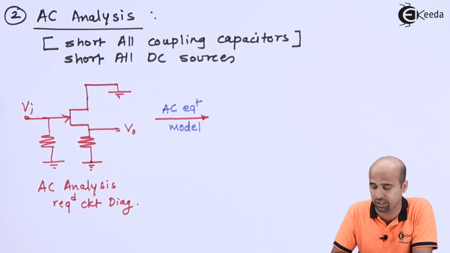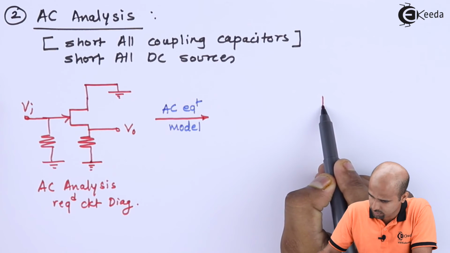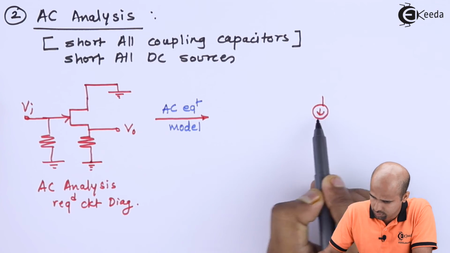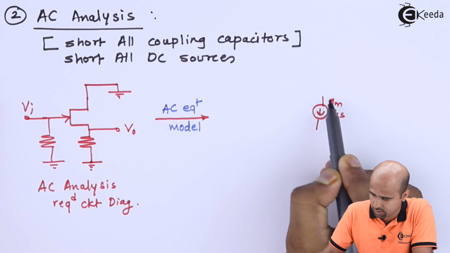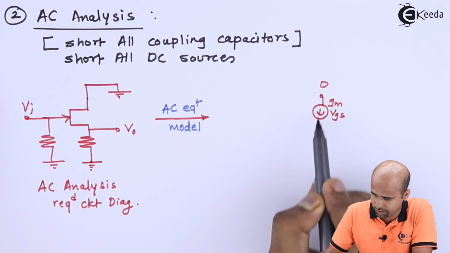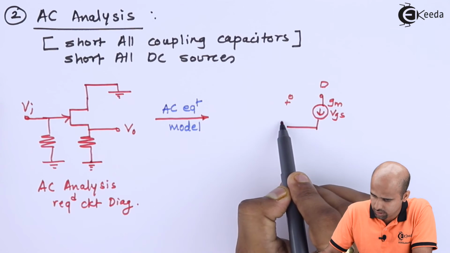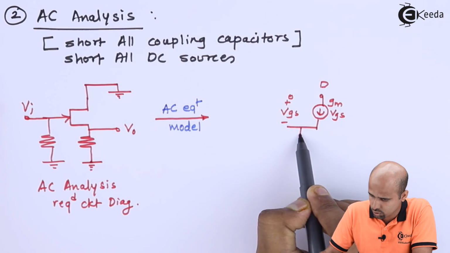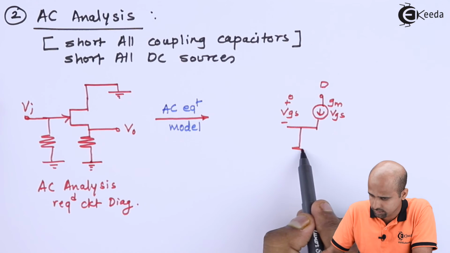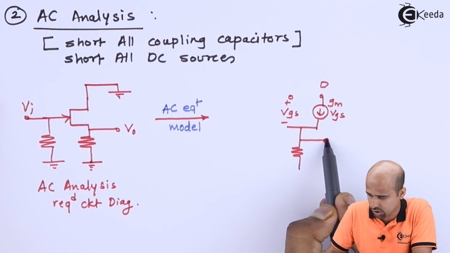It's not infinity, so you have to draw RD, that is dynamic output resistance. This is GM-VGS, which is from drain to source. Here it is open circuit. In between, voltage VGS. Source is connected to output, so this is your output.